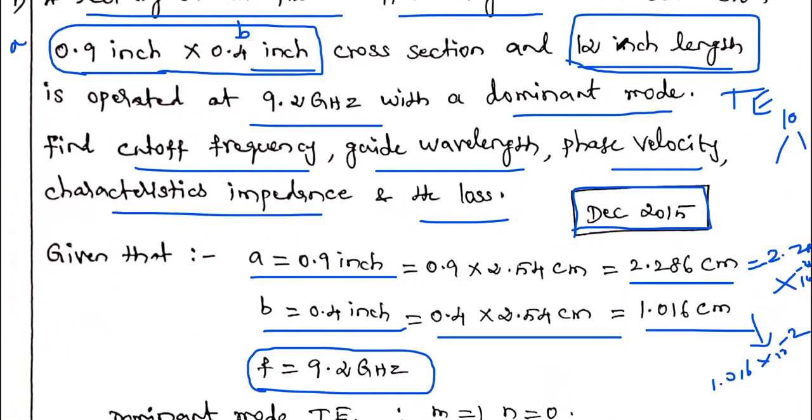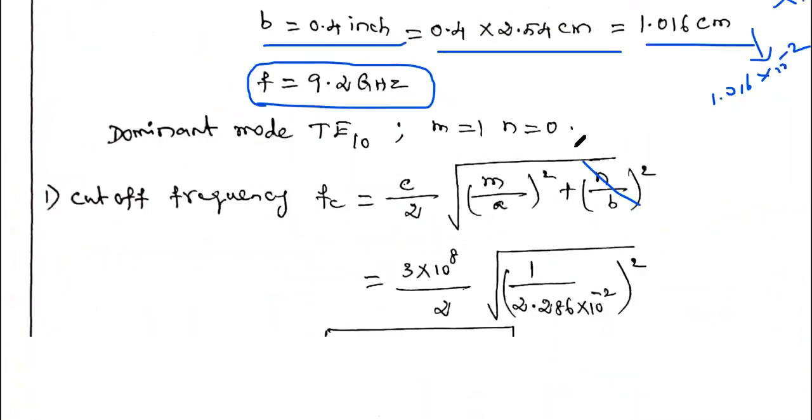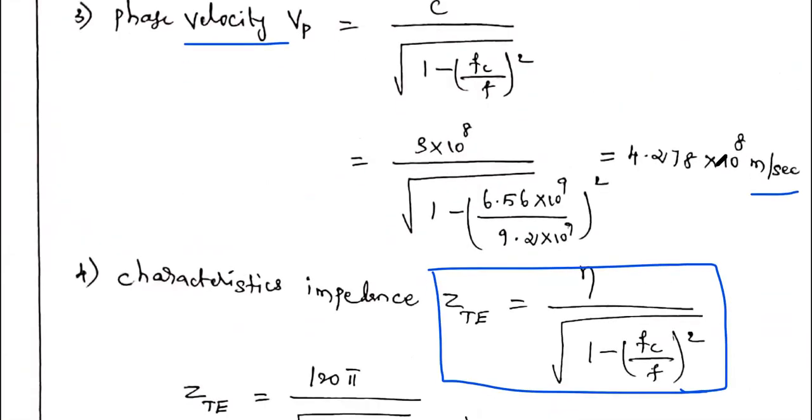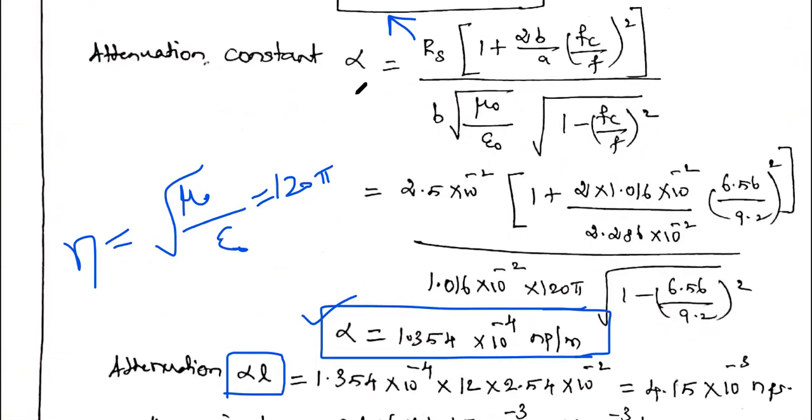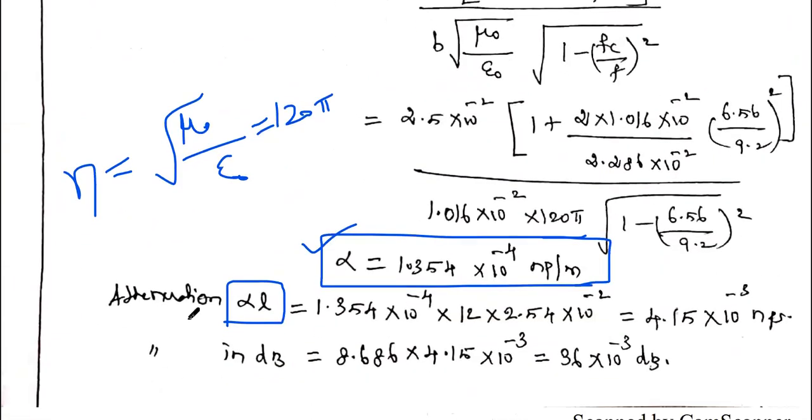So you convert 12-inch into centimeter; you just multiply it with 2.54. Here we calculated the attenuation constant. After calculating the attenuation constant, the attenuation is nothing but attenuation constant into length. The attenuation constant, 1.354 into 10 to the power minus 4, just now calculated, into the length.